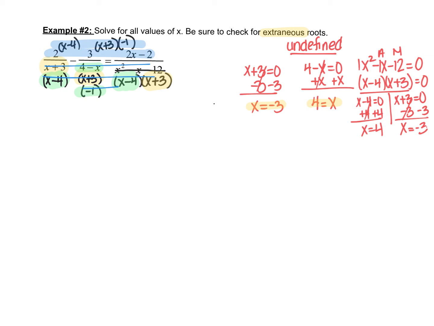So let's write down what we have. So 2 times x minus 4 minus 3 times x plus 3 times negative 1 equals 2x minus 2. So let's distribute. This times this gives me 2x minus 8. Now, this is the piece that's going to be a little confusing. We need to do this times this times this, and then subtract it.